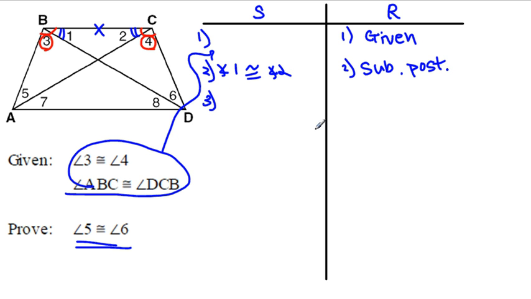Now number 3, next thing was, yes, BC was congruent to BC, and then the reasoning was reflexive.